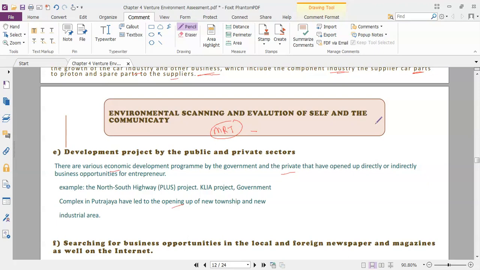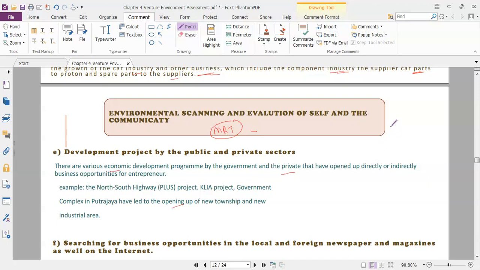Ada tak taman perumahan baru yang ada dekat situ? Sebelum ni tak ada. Lepas tu dia ada taman perumahan. So kalau ada taman new area of house, taman perumahan yang baru, it will increase the population on that location. So what is our opportunities? Of course, there is opportunities.